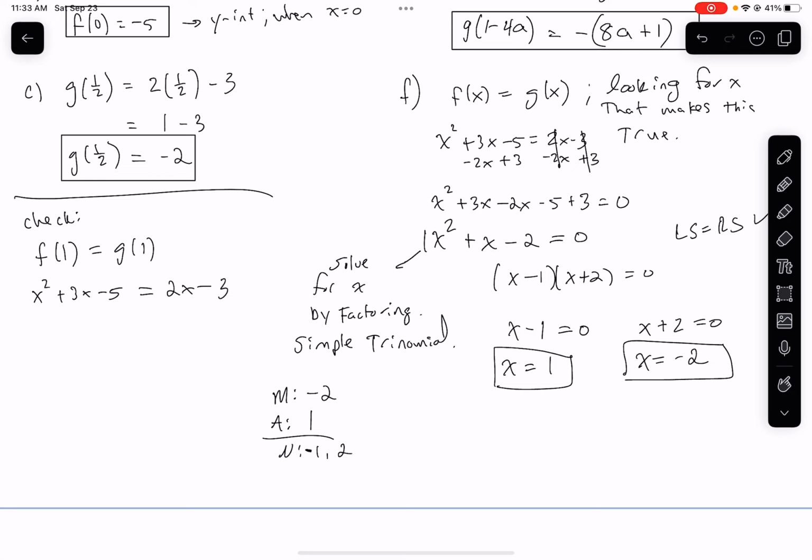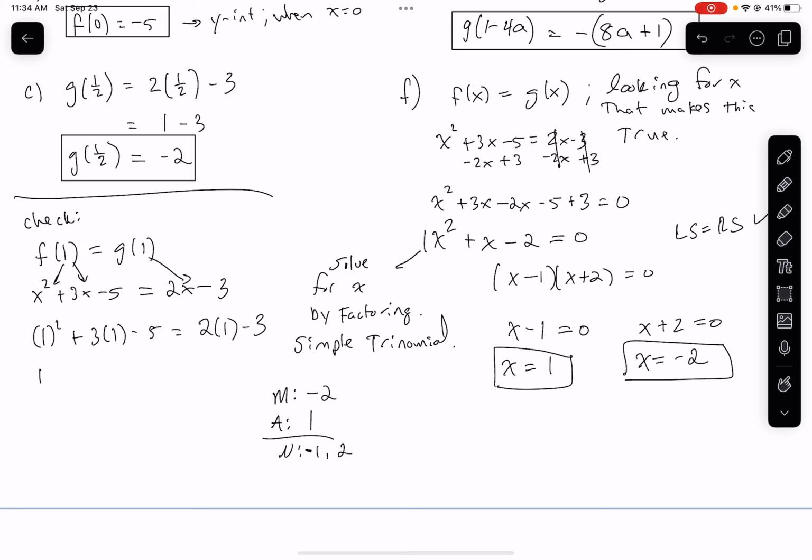We're going to substitute the value of x to be 1 in both equations, and we should see that the left side equals the right side. So 1 squared plus 3 times 1 minus 5 has to equal 2 times 1 minus 3.